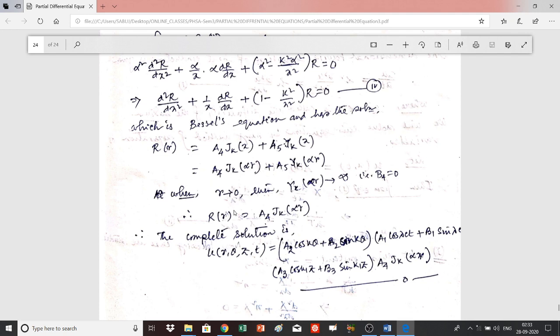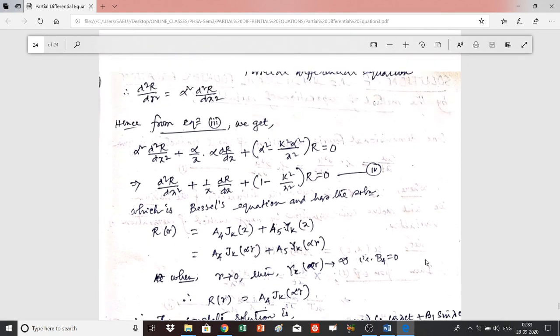If you write the complete solution, it takes the form u(r, theta, z, t) equal to A2 cos k theta plus B2 sin k theta, then A1 cos lambda ct plus B1 sin lambda ct, then A3 cos k1 z plus B3 sin k1 z, and then A4 Jk lambda r.